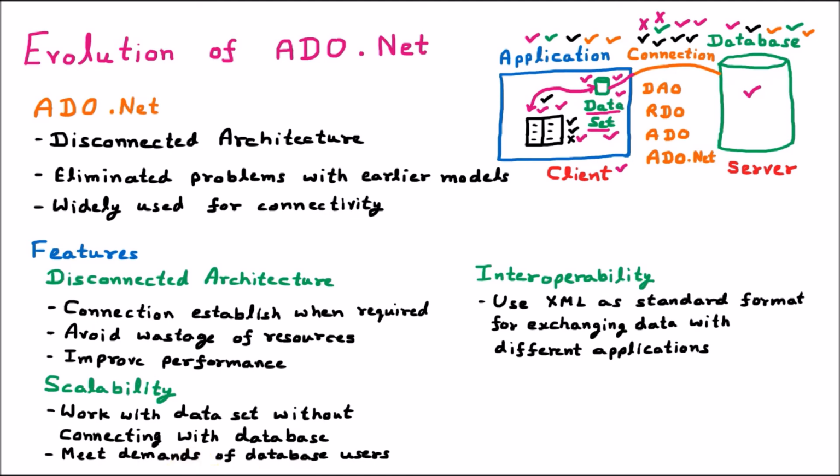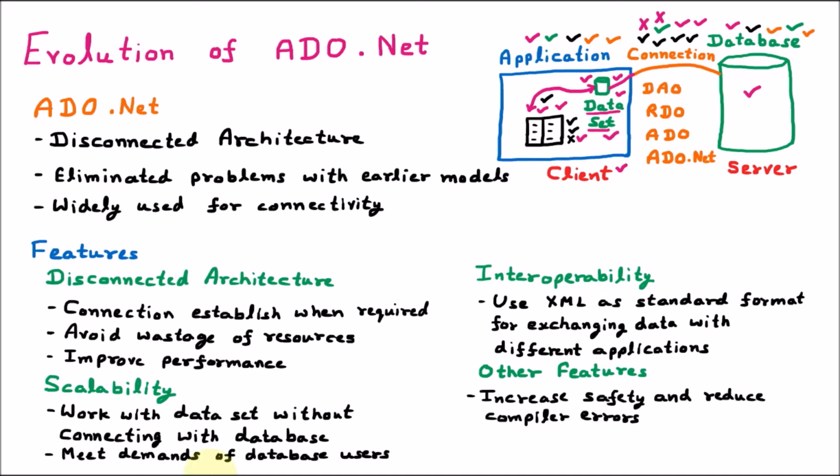There are some other features of ADO.NET. As the connection is not required always, it increases the safety of code, and it also reduces compiler errors. ADO.NET is not connecting with only one database. Here we can have multiple databases, and these multiple databases can be different.